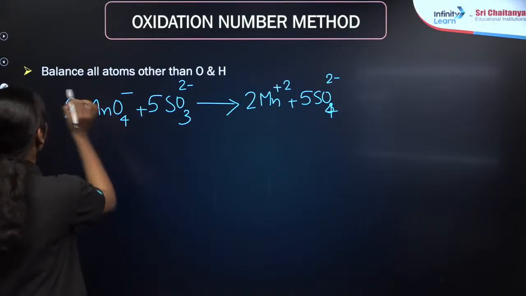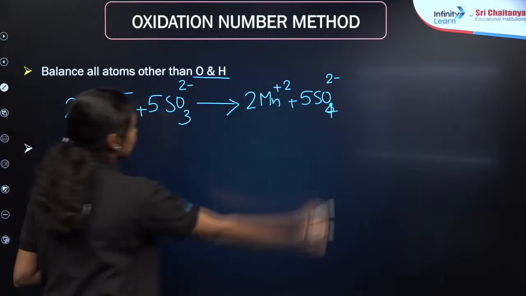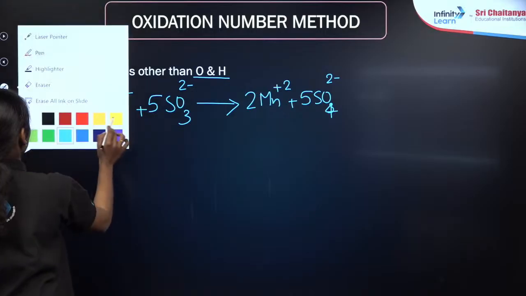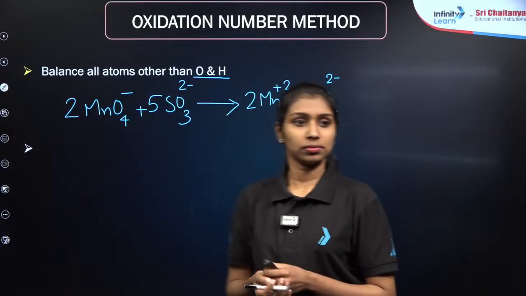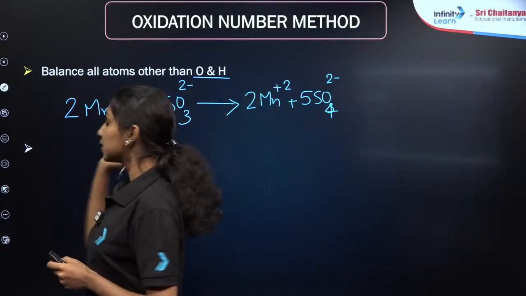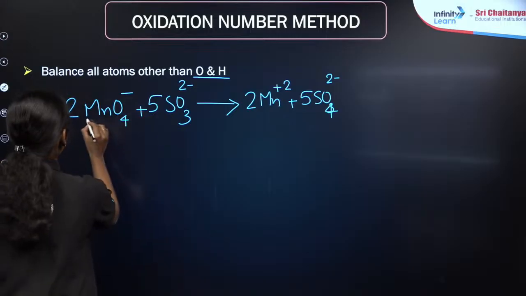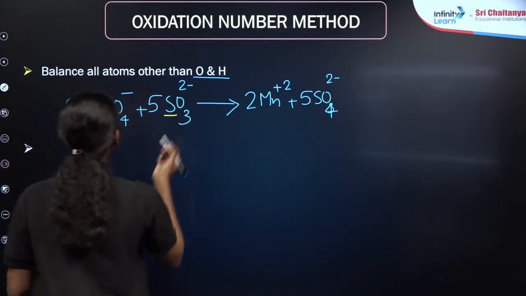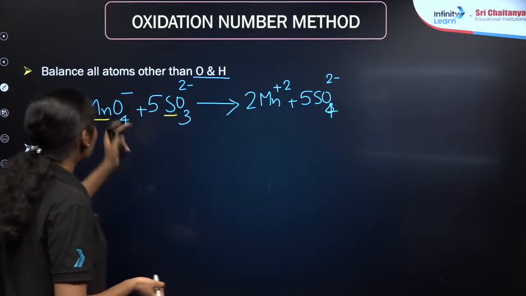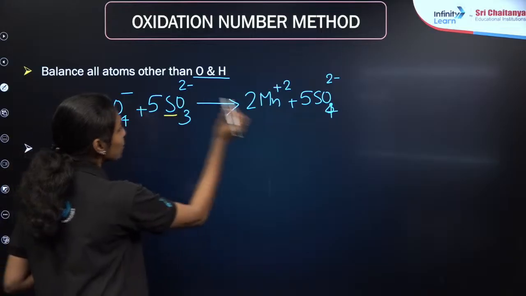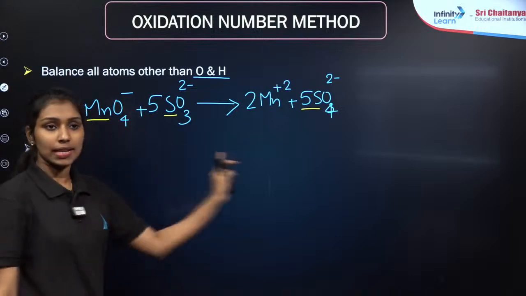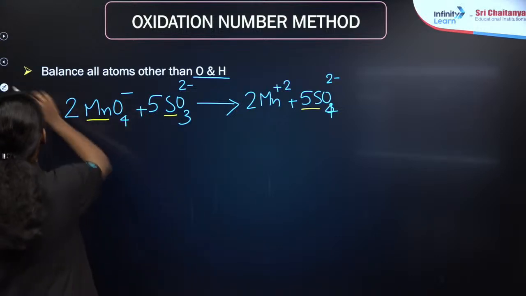Then we have to balance all the atoms other than oxygen and hydrogen. Which are the atoms present here other than oxygen and hydrogen? One is manganese, right? Manganese and sulfur. You can see that 2 manganese are present in the left side as well as the right side, right? Then what about sulfur? 5 sulfur is present in the left hand side and 5 sulfur is present in the right hand side. Which means the atoms other than oxygen and hydrogen are already balanced here. Clear? It is already balanced.